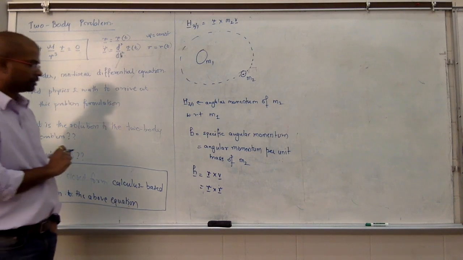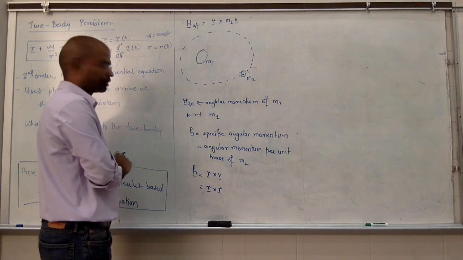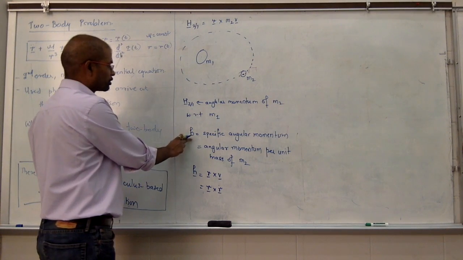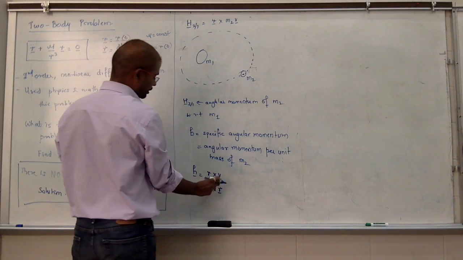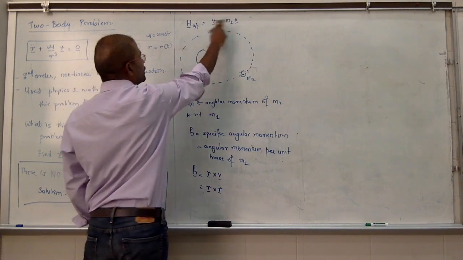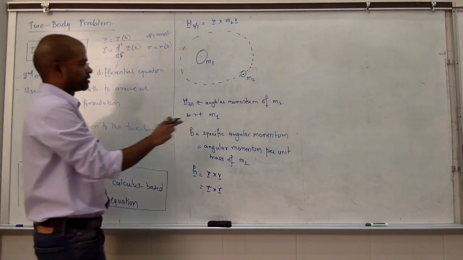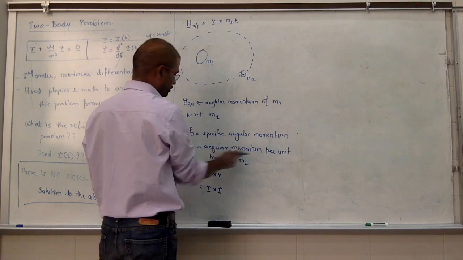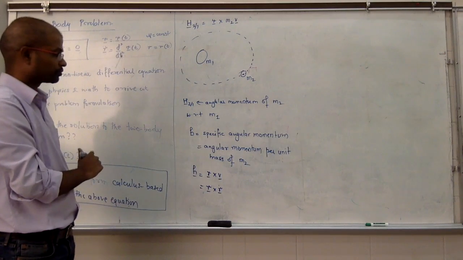Which h are you referring to? This h. Oh. This is the small h. Okay. So the specific angular momentum is small h. The complete angular momentum, see here, there is no mass quantity. This is the same as this, except that it is divided by mass. So that is per unit mass. Okay. So that is specific angular momentum.